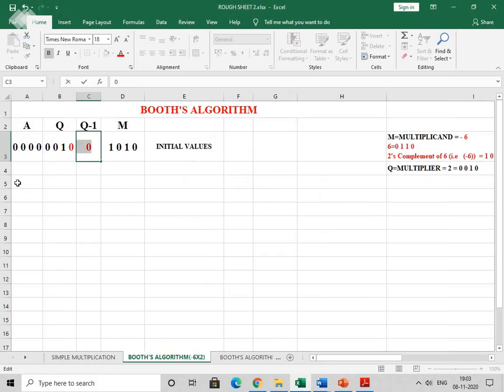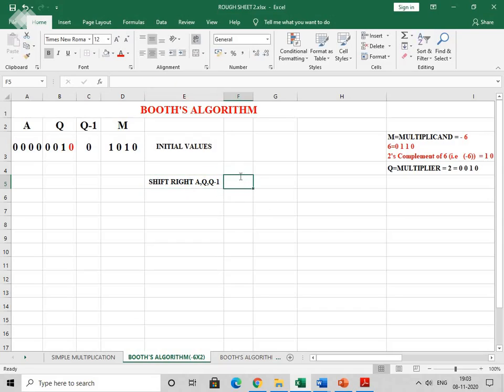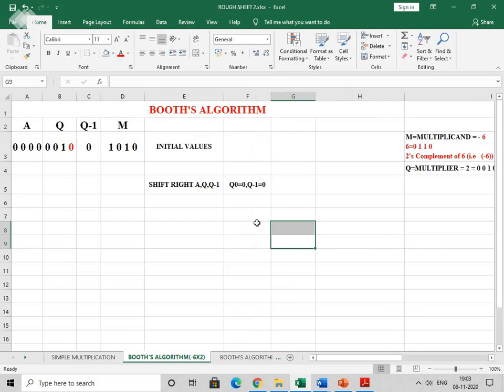So let's do this shift right operation. Why? Because your Q0 is 0 as well as Q minus 1 is equal to 0. So that's why we are taking shift right operation, right?